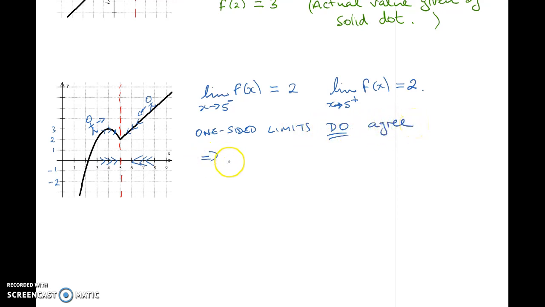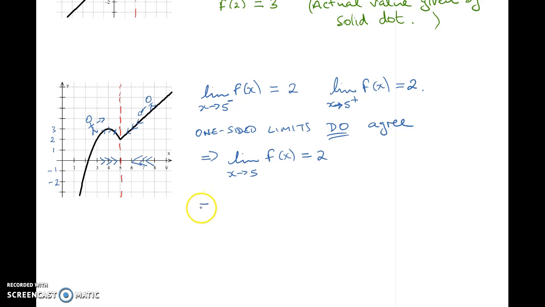So we can say in this case the limit of f of x as x approaches 5 is equal to 2. And with x approaching 5, we're not differentiating here between left and right hand side. We're saying the overall limit as x approaches 5 is equal to 2. Now this one doesn't have a dot at 5, but if a line doesn't have a break, you don't need a dot to tell what the value of the function is.